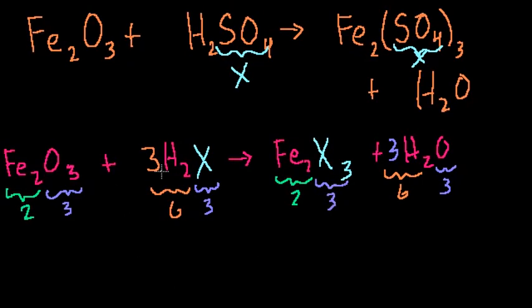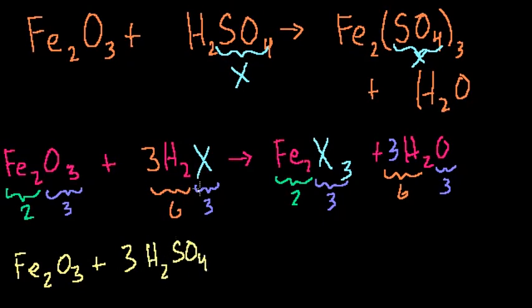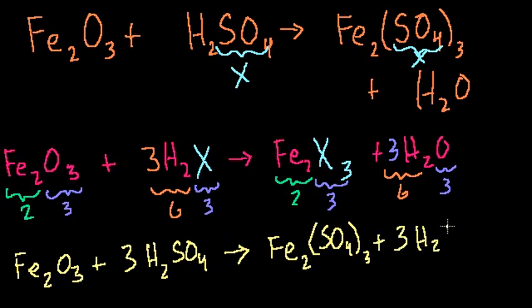So our equation has been balanced, and if we want to write it back in terms of the sulfate, we can just unsubstitute the X. We're left with 1 molecule of iron oxide plus 3 molecules of sulfuric acid, H2SO4, yields 1 of these molecules with SO4 3, plus 3 molecules of water.